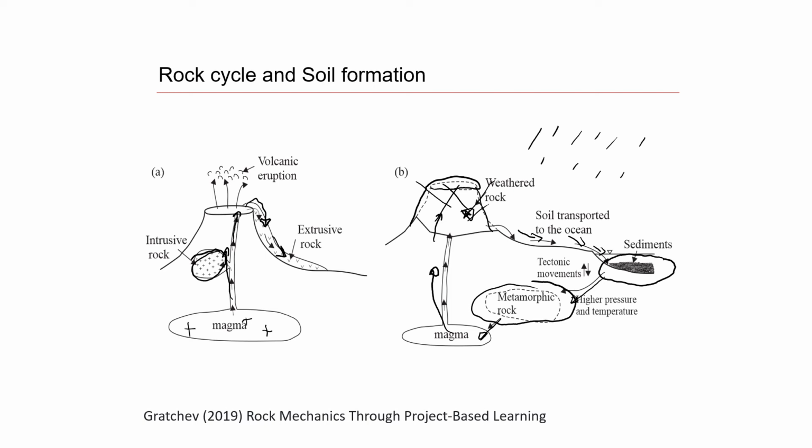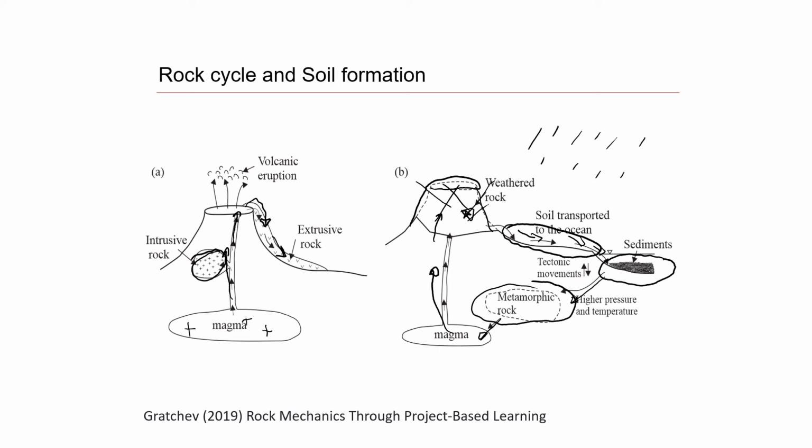They will be brought down to the ocean to form sedimentary rocks. Sedimentary rock may turn into metamorphic rocks, and metamorphic rocks into igneous rocks again. What is important for us in this course is this material, which we call soil. So soil is basically disintegrated particles of rocks.